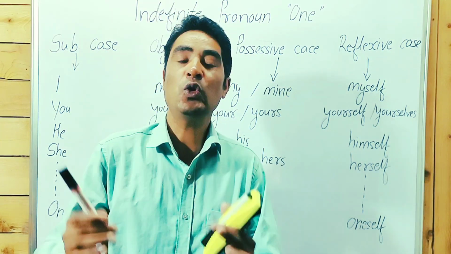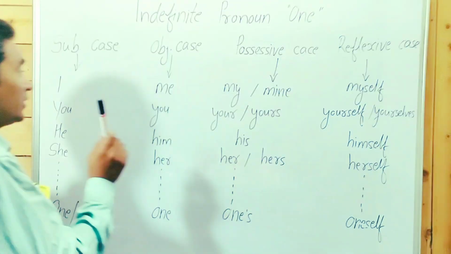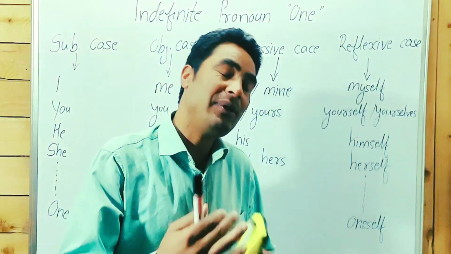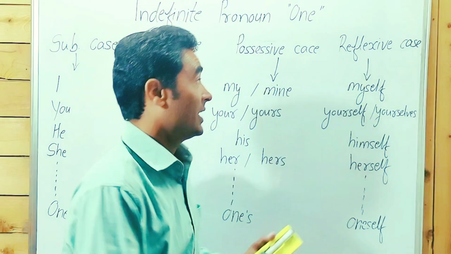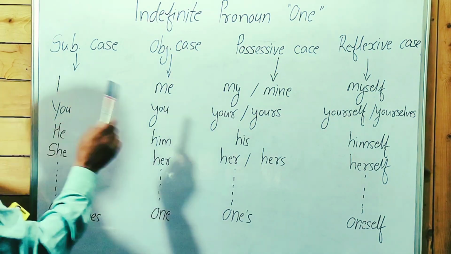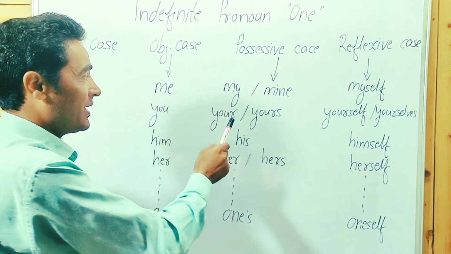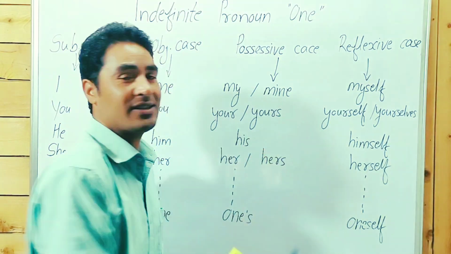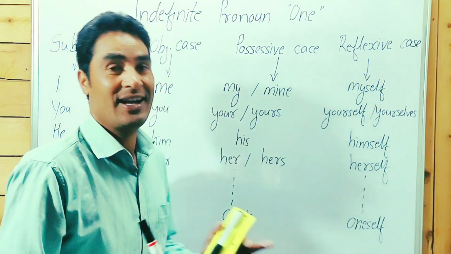I will teach you each and everything about reflexive pronouns. Here, 'you' is the subjective case, 'you' is also the objective case, 'your' is a possessive adjective, and 'yours' is a possessive pronoun.